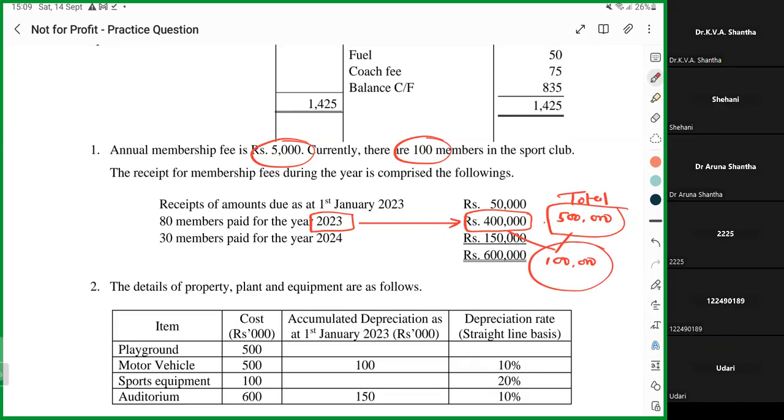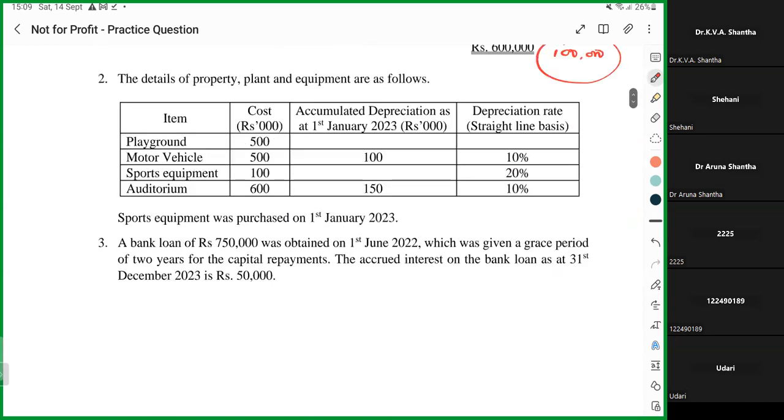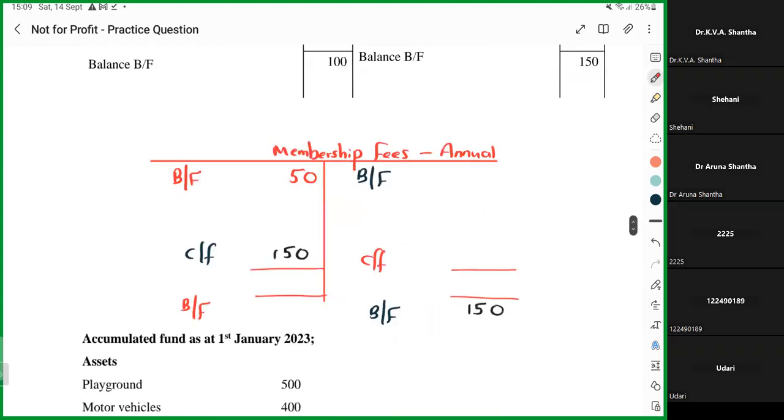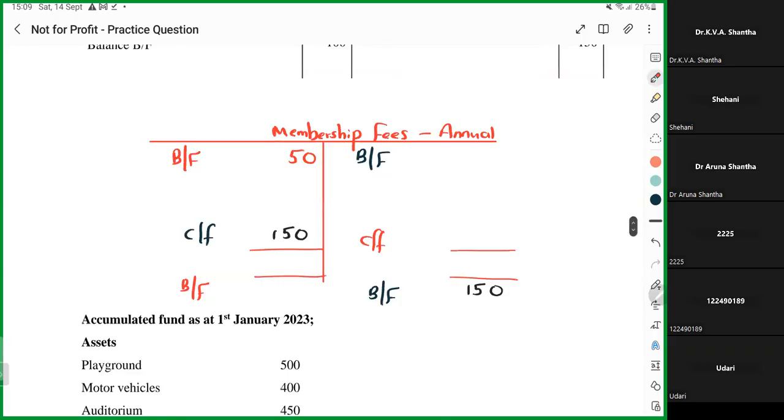Is it clear? So this 100 is a receivable balance at the end of the year.